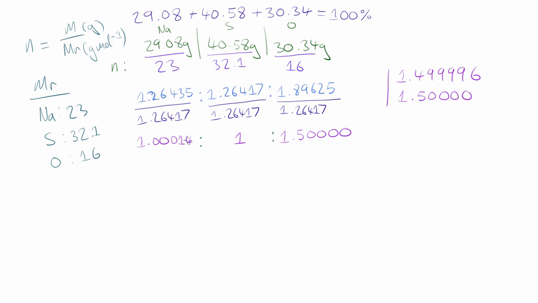So what we're really worried about is actually the oxygen, because that's 1.5. We can't say that it's super close to being an integer, right? So now let's consider scaling up. We want to get that oxygen to be a whole number, right?